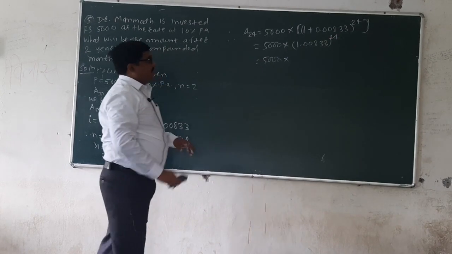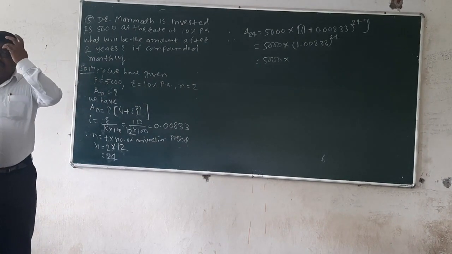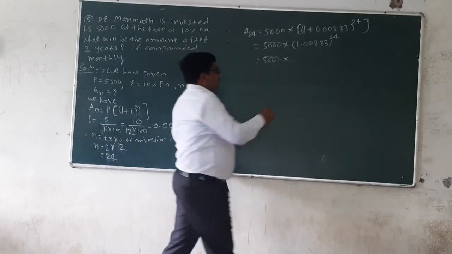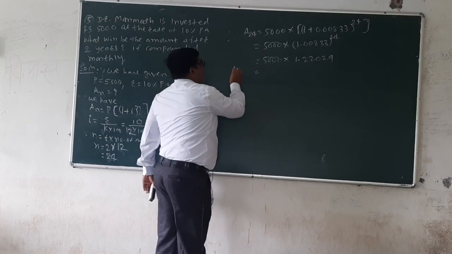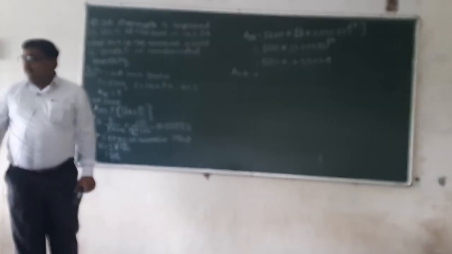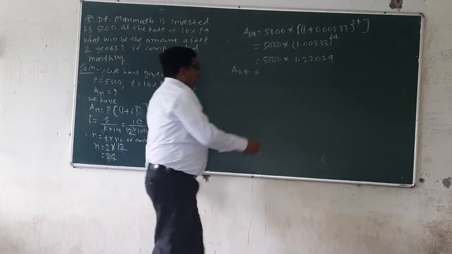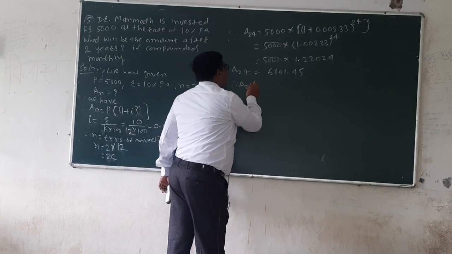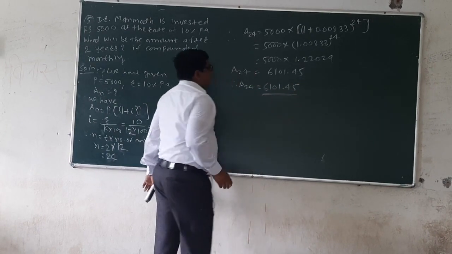This means 1.00833 is multiplied 24 times, which is 1.22029. So the amount at the end of the 24th payment period is 5000 into 1.22029, which is 6101.45. Therefore A24 equal to rupees 6101.45.